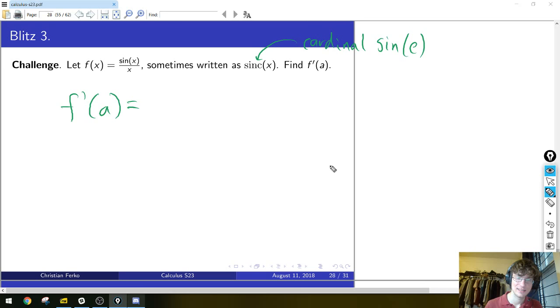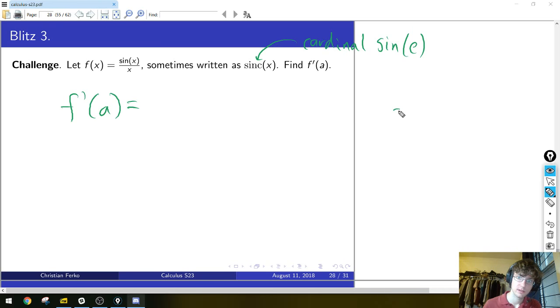So we can let one of our functions be, let g of x be equal to x to the power of negative 1, or 1 over x, however you prefer it, and let h of x equal sine x. Okay, you're using the product rule, so you want to do this as sine times 1 over x, you say? Yes. Okay, yeah, that's fine. Good, then what do we do?